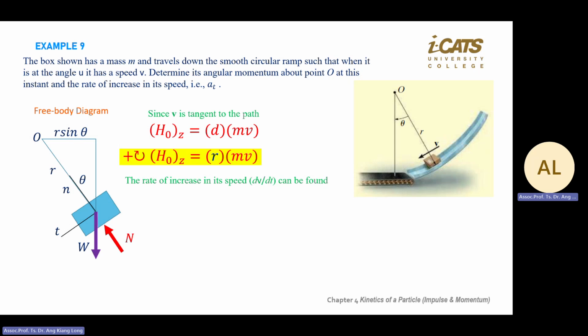So you want to find the rate of increase of your speed. From this general equation, h equal to rmv, you can convert your v into acceleration by time differential. Means you take dv dt, you get a here. So what you do, you take this equation, highlighted in yellow, and time differentiate the whole equation.